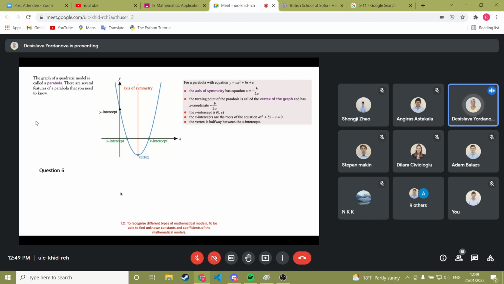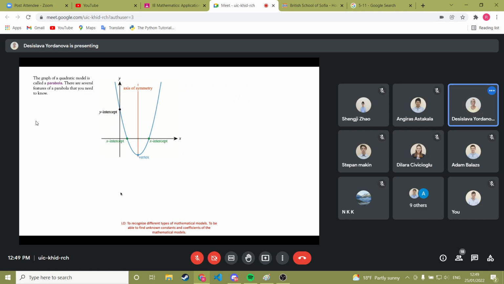For a parabola, it has x-intercepts, not always, but in general they can have 0, 1, or 2 x-intercepts. They have a y-intercept, they have a vertex, that is the turning point, and an axis of symmetry, that is the line to which the graph is symmetric by itself.